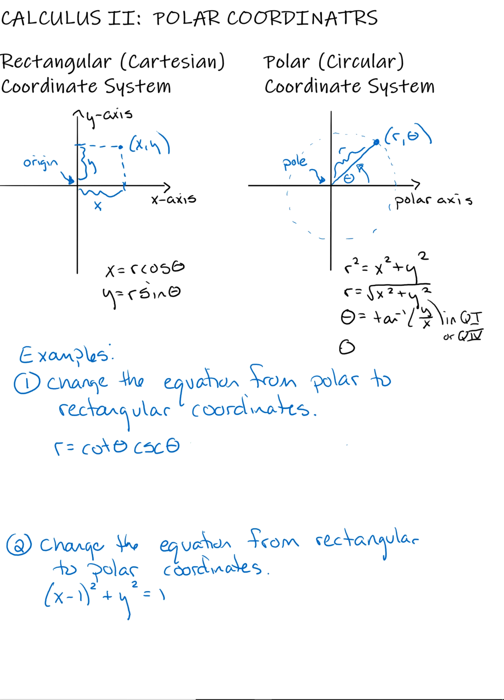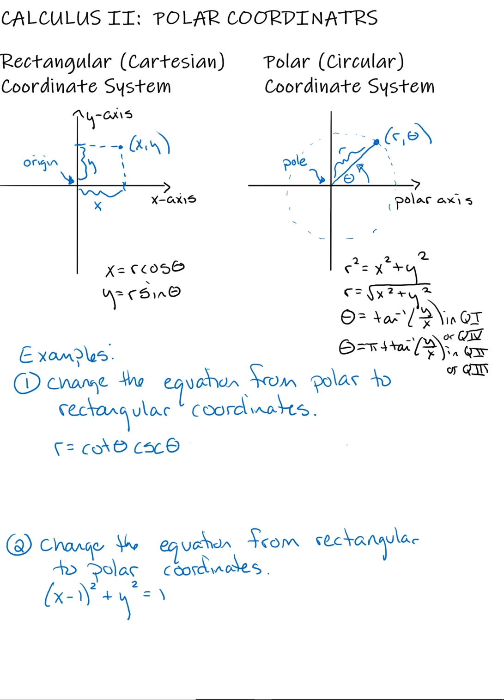If you're dealing with quadrants 2 or 3, then you have to add pi to it, add 1 period in the tangent world. So add pi to that when you're dealing with quadrants 2 or 3.